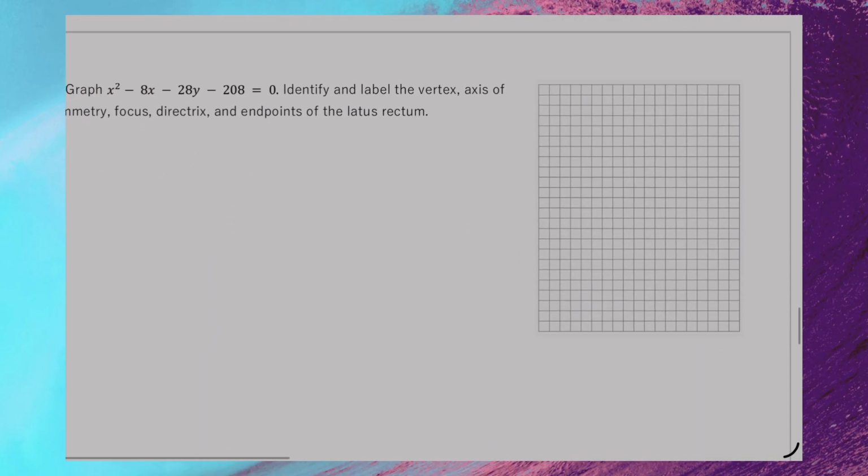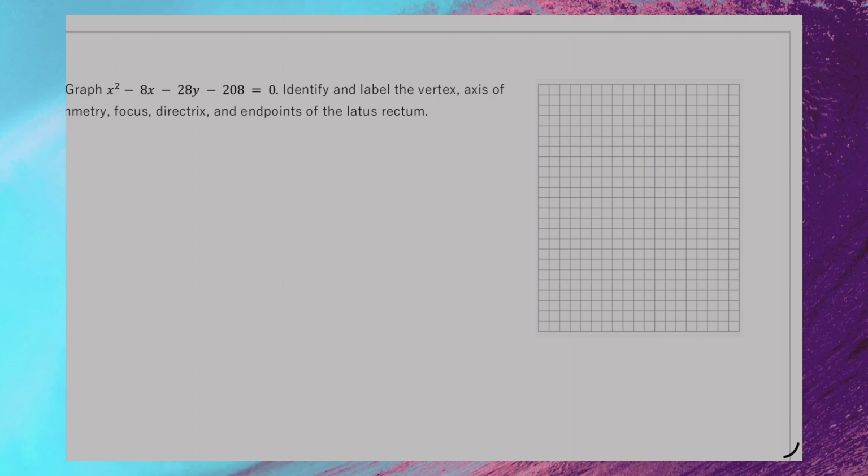Let's just practice a couple more. Graph. So if you recall from our video on ellipses and hyperbolas, sometimes we're given the equation in general form, not standard form. The standard form is the nice one where we can pluck out the vertex and work on the foci and go from there. So let's manipulate this general form into standard form, okay?